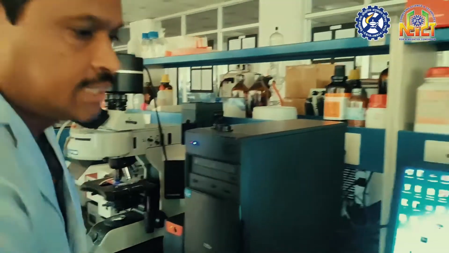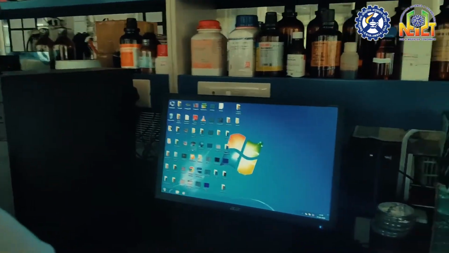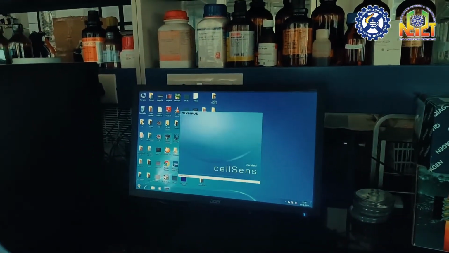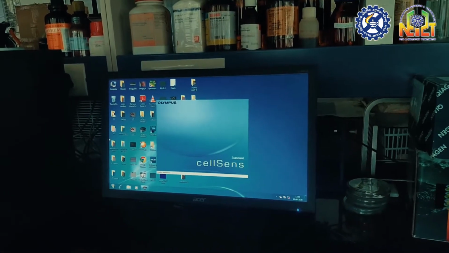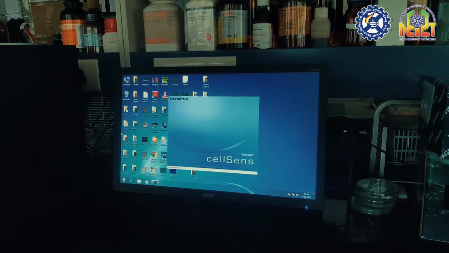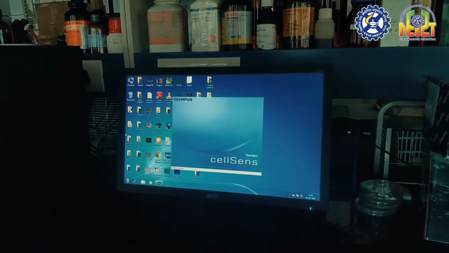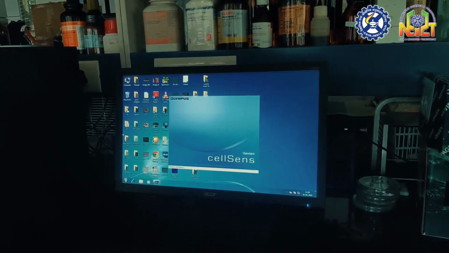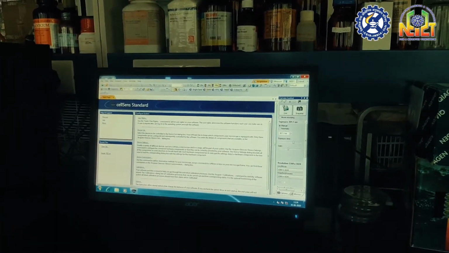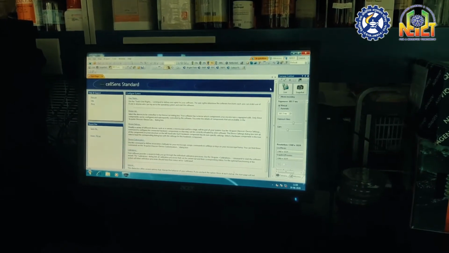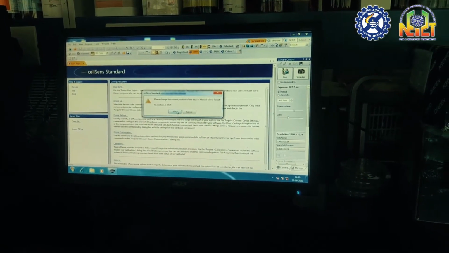Now if you go to the screen, we are taking images at 40x magnification. So you have to click here, and then we are going for the DAPI.